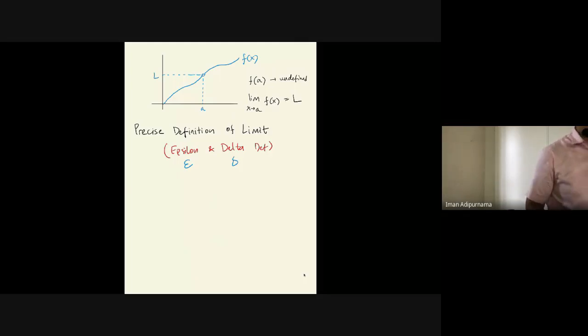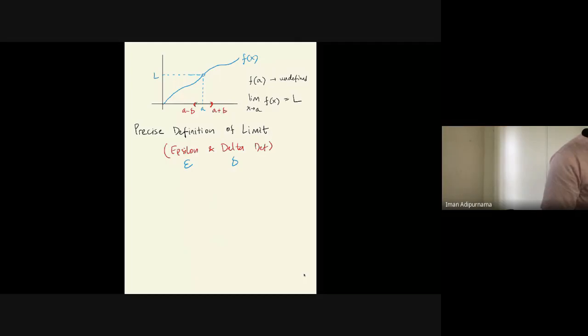Okay. So what does it mean? Let me draw something first on the graph here. So if you have some number closer to a, that will be counted as your limit. For example, from here to here, it's quite big, but imagine this is really small. So the delta is the distance between a and this interval. So this is a minus delta, and this is a plus delta.